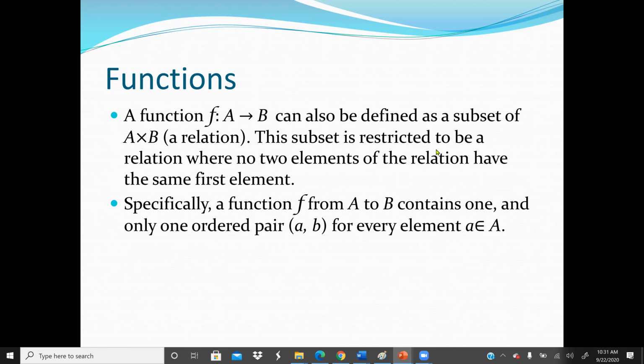This subset is restricted to be a relation where no 2 elements of the relation have the same first element. So there's no way that we're going to have an input, let's say an element of A, that can generate 2 outputs, that is two elements in set B. If an element in set A generates two or more elements in B, it's not a function. So a function means an element in A will generate only one element in B.